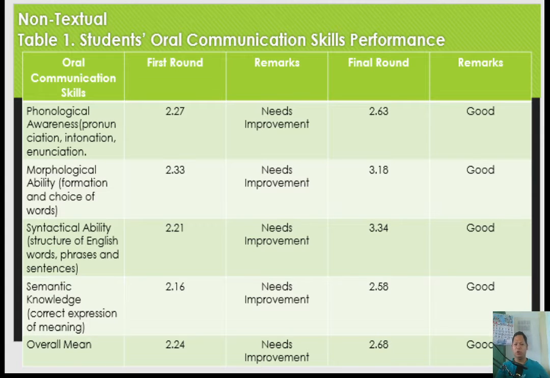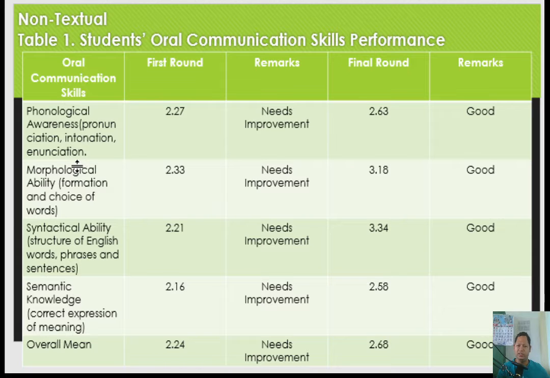This is an example of non-textual. We use here tables. As you can see, I have here the 4 columns. This is the oral communication skills, then we have your first round and the final round. The skills came from the rubric.